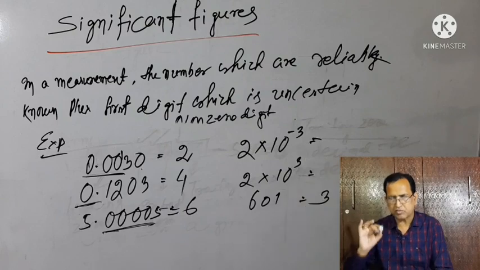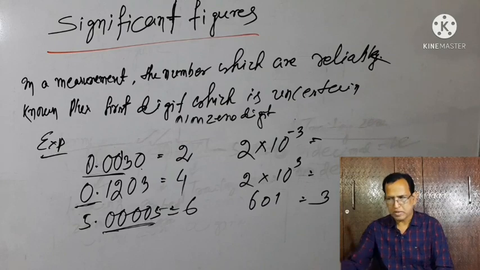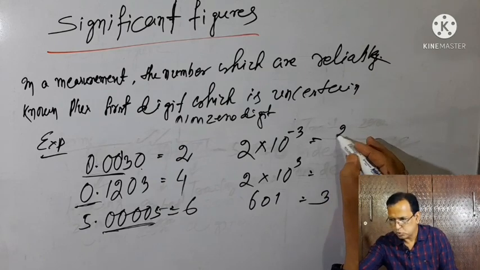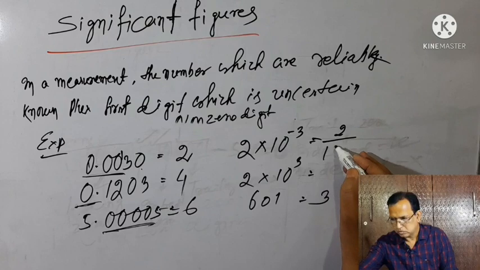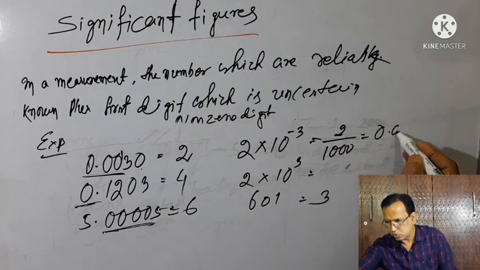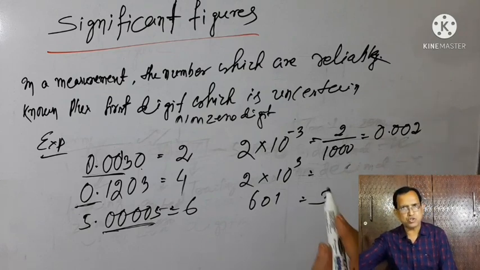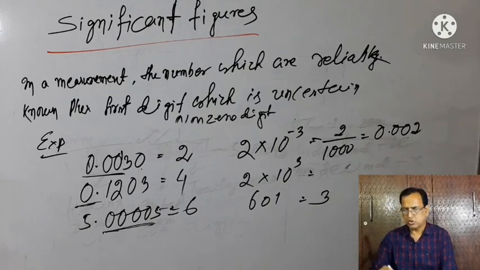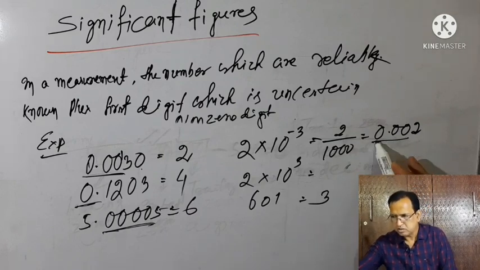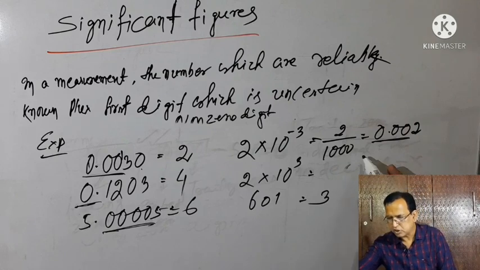2 into 10 to the power minus 3. So, that means 2 by 1000. That means 0.002. So, these three are leading zeros. So, significant figure is only 1.